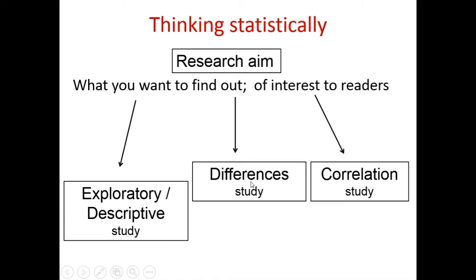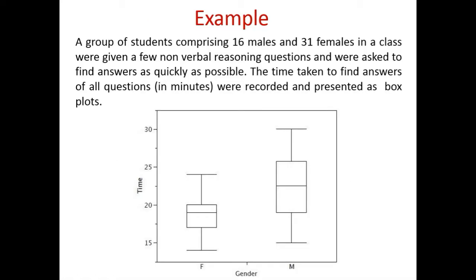One, I would say, are differences studies, and the others I would call correlation studies or association studies. So let's try to understand that with the help of some examples.